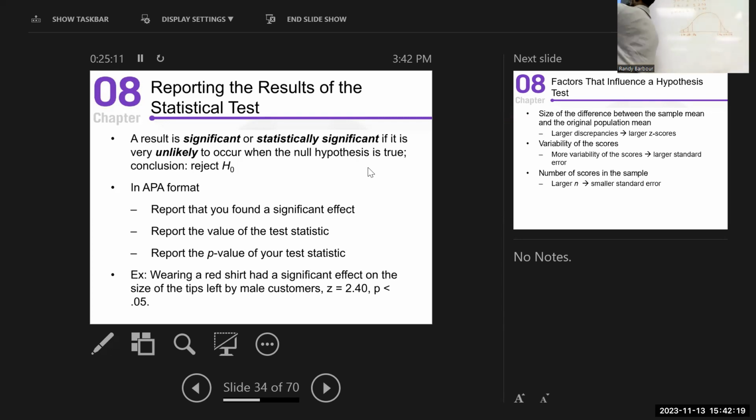So it'll say, the ratio had a significant effect on the size of the tips left by customers. This is my Z-score of 2.40. When you see 2.40, that's my Z-score. They compare that 2.40 to my critical region. 2.40 falls out here. So that means you reject the null hypothesis. And this is P value less than 0.05.